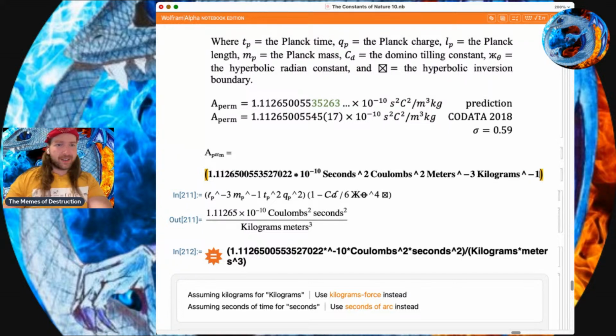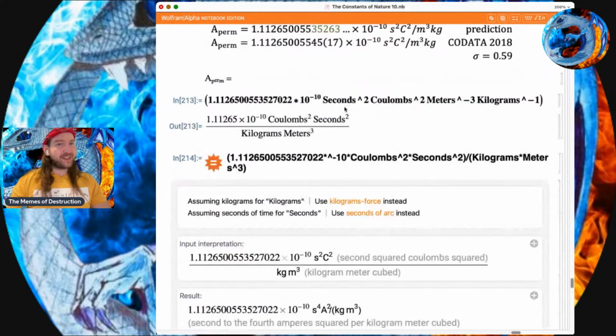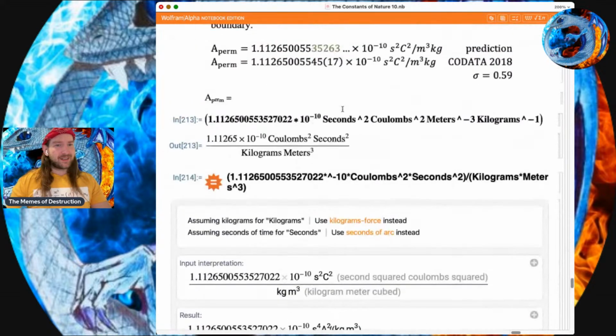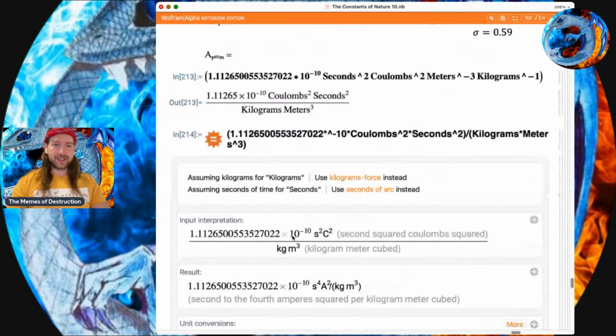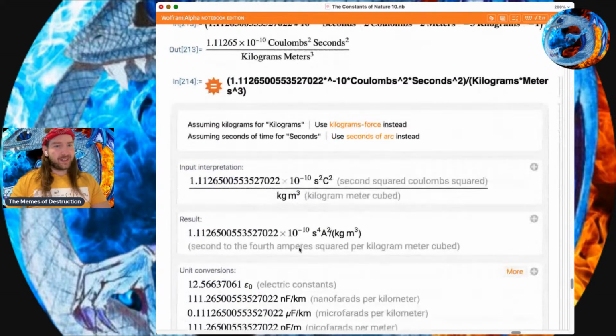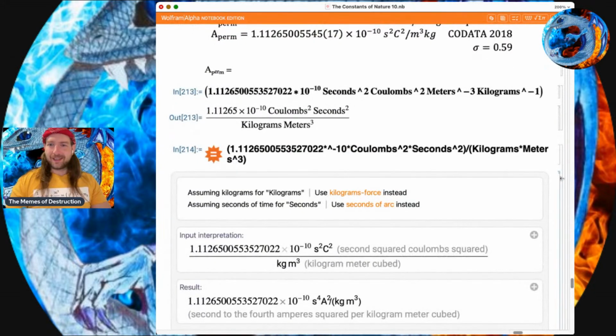All right, let's run a compute on that. Make sure we get the same thing. All right, 1.2654. Okay. All right, so it's coming out to X. All right, there we go.